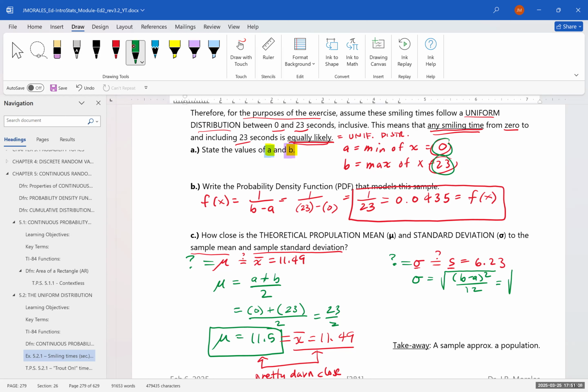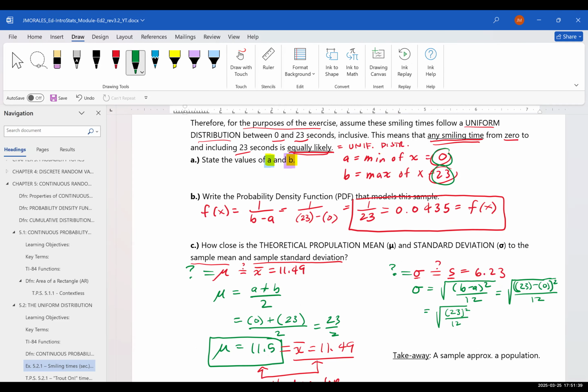So this will be the square root of b, which is 23, minus a, which was 0. That difference squared all over 12. Which is going to be equal to the square root of 23 squared over 12. So let's look at putting that into the calculator. So let's see how we could do that.